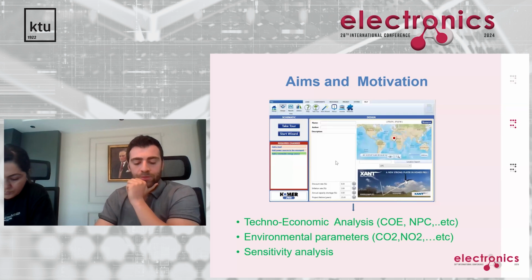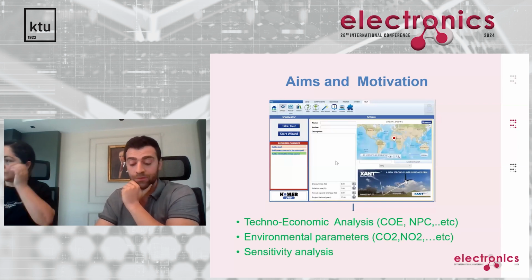Homer, hybrid optimization of multiple electric resources, is a program used by more than 250,000 users. Homer is one of the most important programs in the field of design optimization and feasibility. It has an easy interface for designing and optimizing hybrid energy systems connected to the grid or independent from the grid.